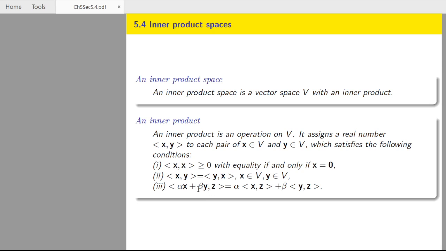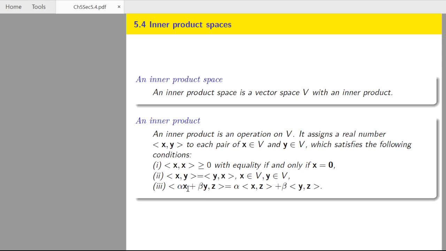The third property is about the linear combination. So when we look at the linear combination of x and y, say alpha x plus beta y, this vector is inner product with z.